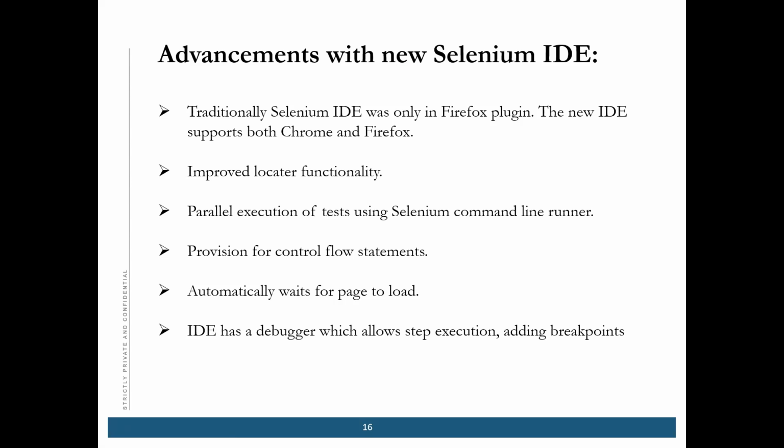Parallel execution means the same type of program we can run on different computers, different devices, or different browsers. Running on different browsers is cross browser execution, and parallel execution could also be on a different device.